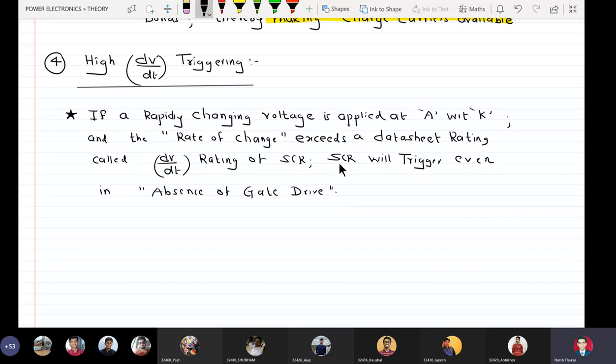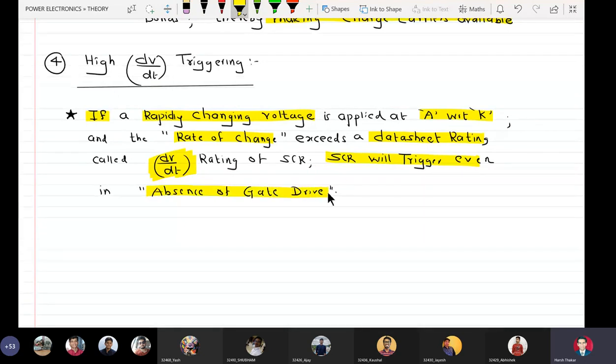Okay, so this statement is very important. We have to justify it in the remaining time. If a rapidly changing voltage is applied at anode with respect to cathode and this rate of change exceeds the datasheet rating called dV by dt rating of SCR, the SCR will trigger even in absence of gate drive, right?